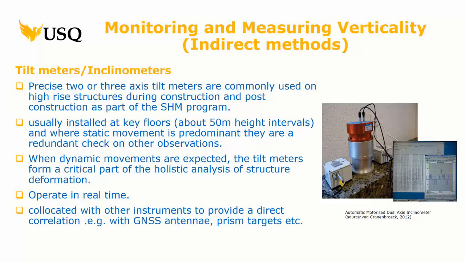And this co-location is the sort of big buzzword with all the construction these days, is co-locating instrumentation, right? So you link the GNSS antenna to the tilt meters, to the inclinometers, to the piezometers, right? Whatever other method you're using, right down to your total stations, right? So it's a holistic approach. So as a junior surveyor, you might actually be doing some of this stuff, right?